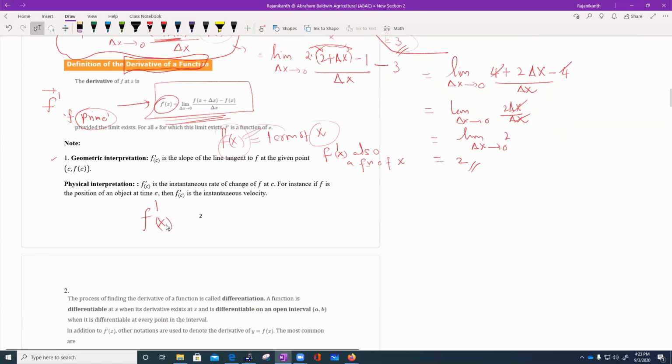That means this is simply the slope of a tangent of the given function f of x at the given point x. So this is the simple notation we use for the slope of f of x at the given point x. Don't forget hereafter, derivative means nothing but slope.